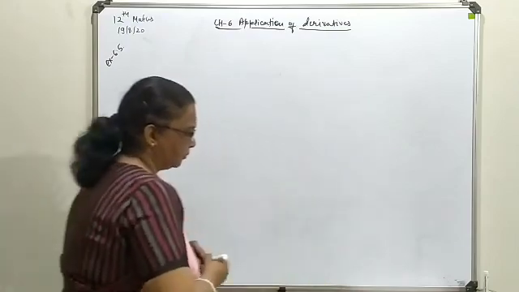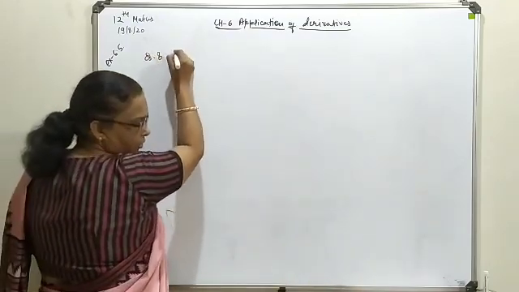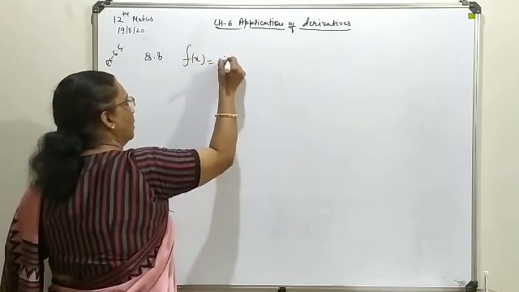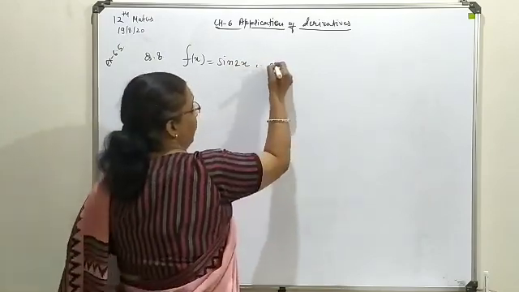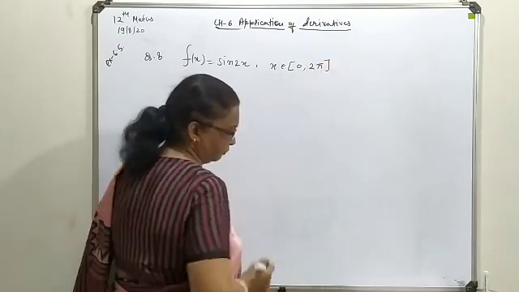In the 8th question, your function is given as sin 2x, where x belongs to the closed interval [0, 2π].